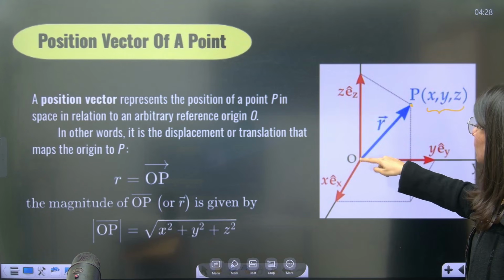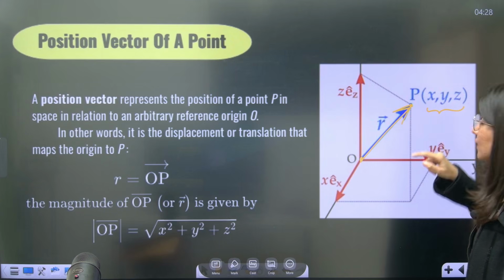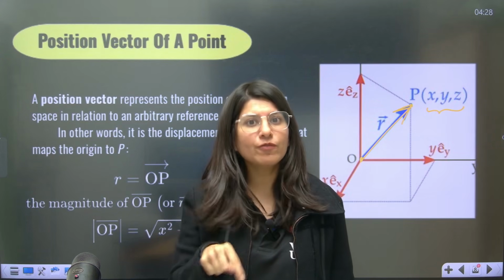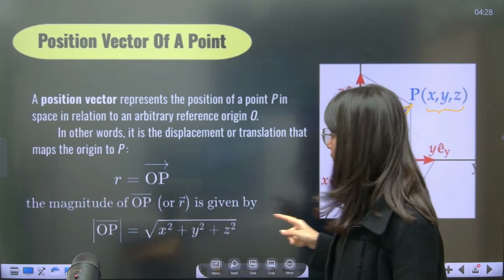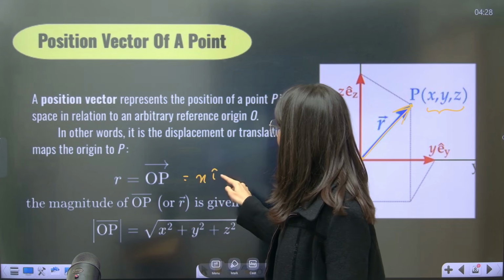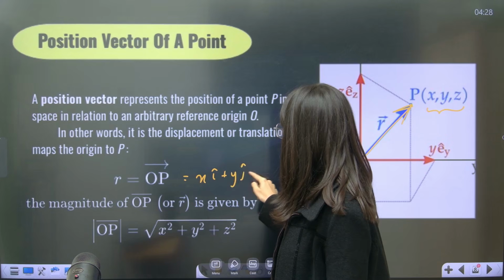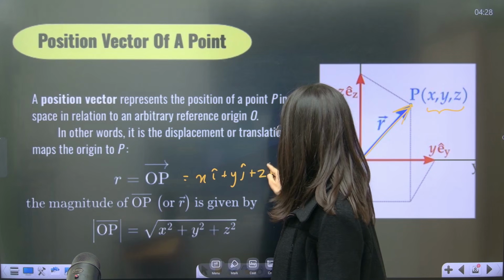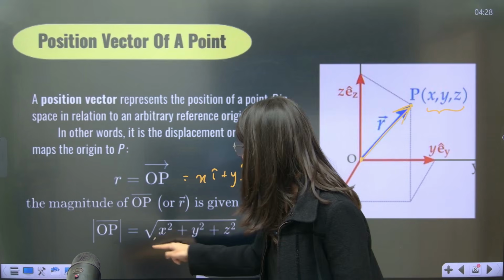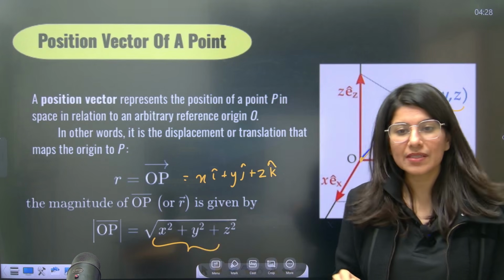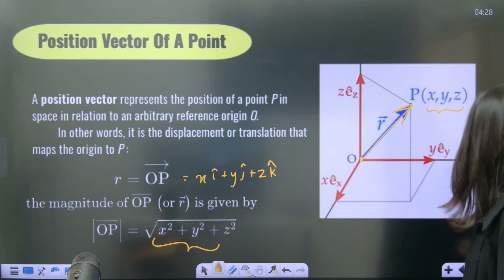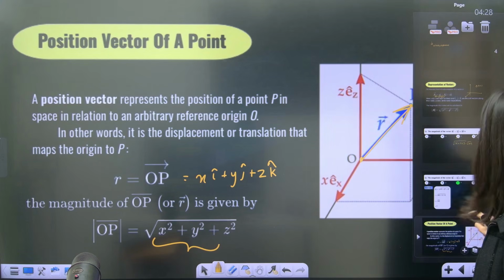Now, this is your origin O. This OP vector is known as the position vector of point P. And this OP vector is nothing but x i cap plus y j cap plus z k cap. And its magnitude is going to become square root of x square plus y square plus z square. So that is the position vector of a point P, correct?